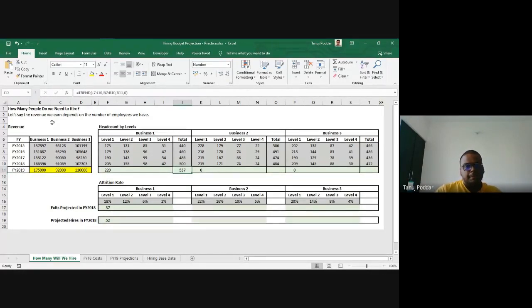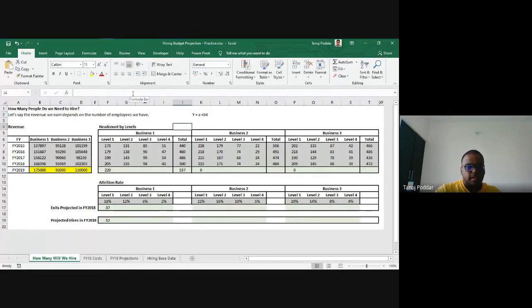So the formula that we'll be using here is called TREND. What TREND does is, as I said, there's a relationship of y equal to a plus bx.